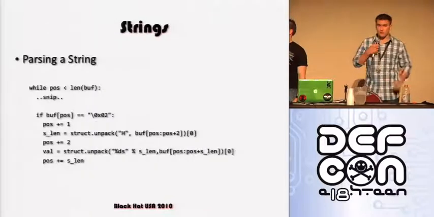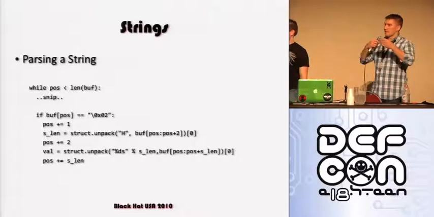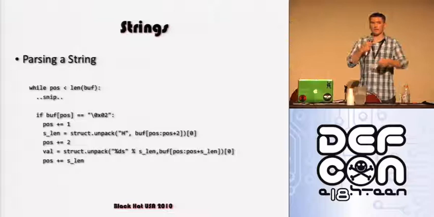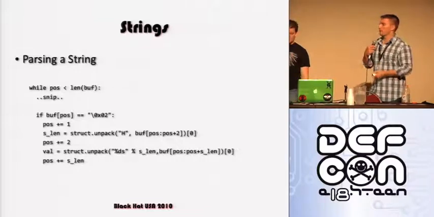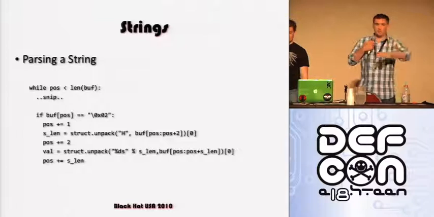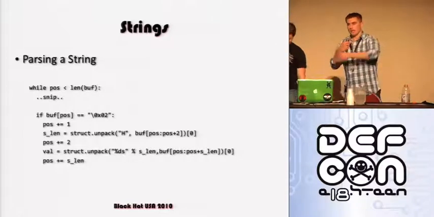So parsing a string: as we run into that type marker of, say, 0x02, we unpack the following value into a short, which is the H format specifier, advance our position by 2 bytes, and then unpack that string for the necessary length.